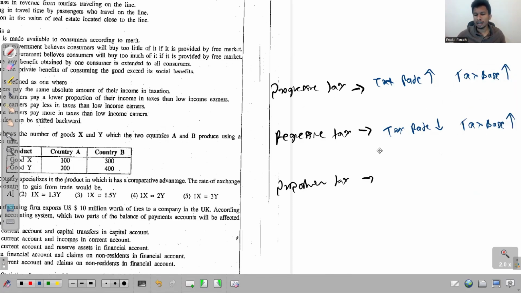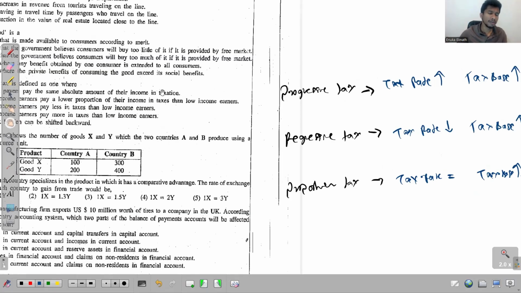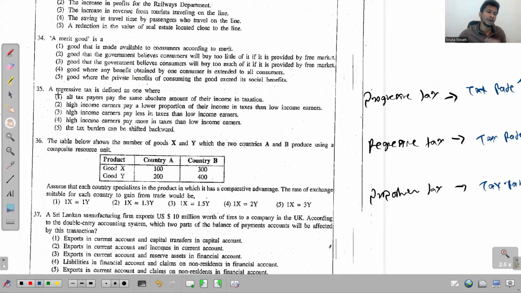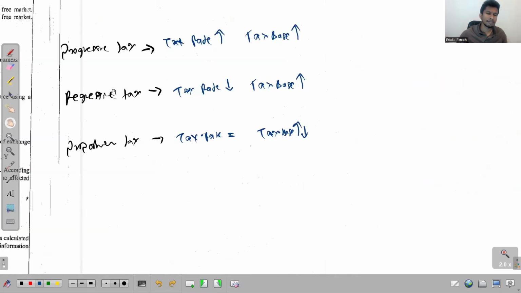And the third one, in proportionate tax, what happens? The tax rate remains same when tax base increase or maybe when it is decreased. It remains same. Right, now somehow in this question, we just need to look at only about regressive tax. So let me just show you one example for regressive tax.